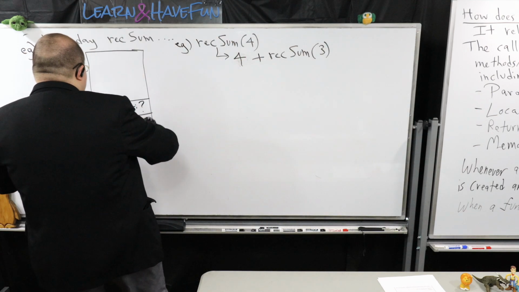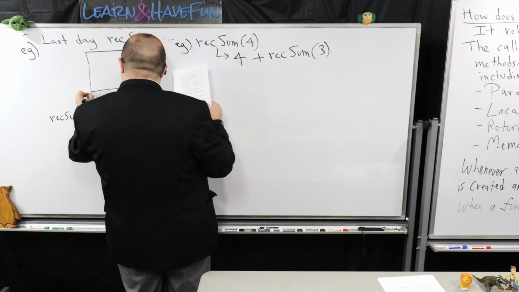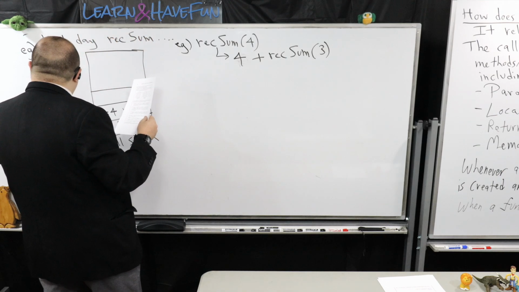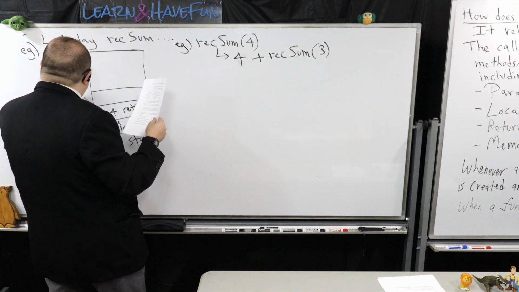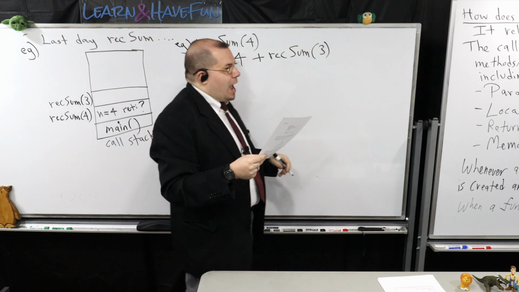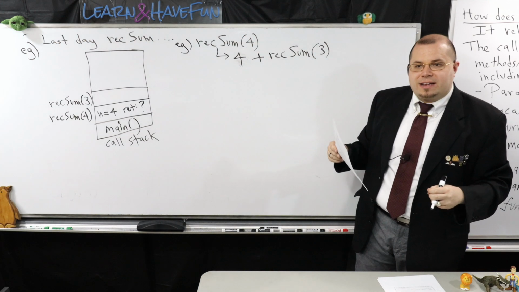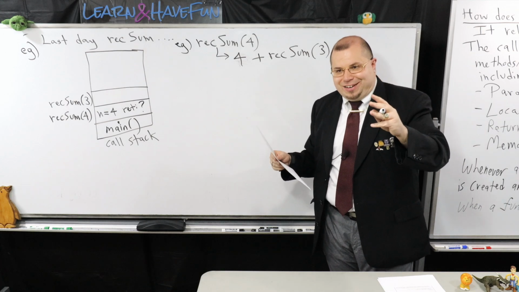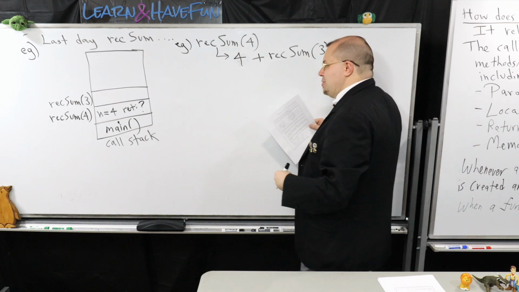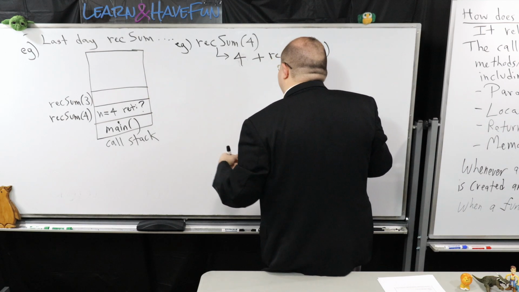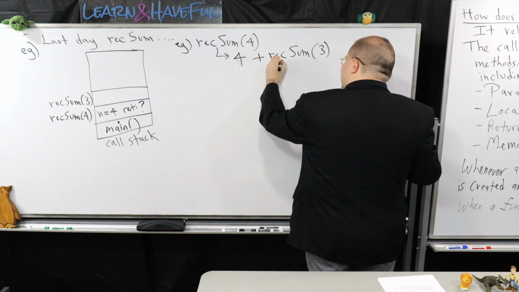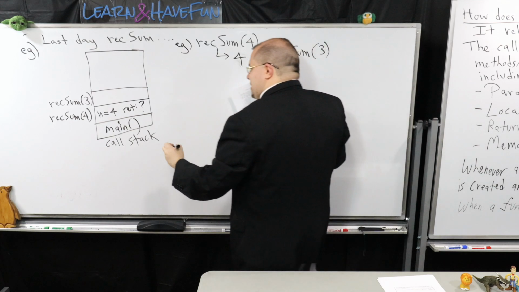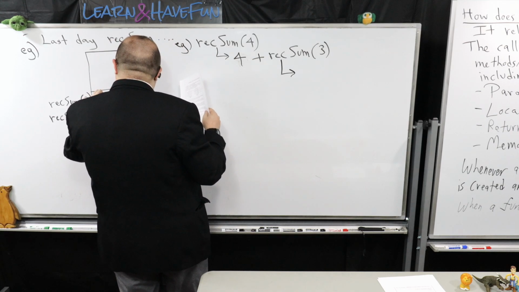So what happens? I call that function. It goes on to the call stack. And I will not continue computing rec sum 4 until rec sum 3 is finished, whichever function is on the top of the stack. So now I have rec sum 3, and its input here is 3.